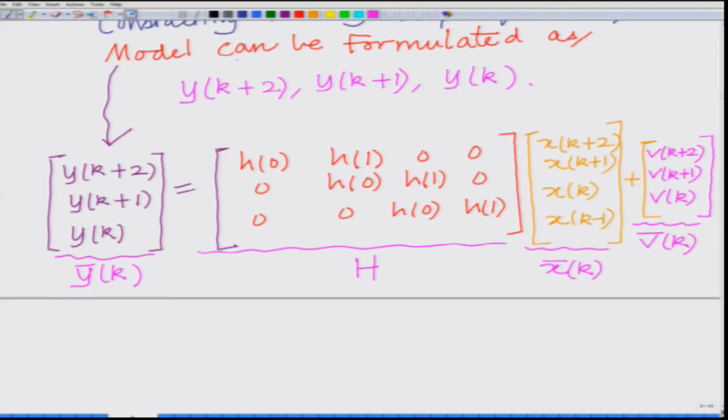This is something that we have already seen. We can stack the three symbols yk plus 2, yk plus 1, yk, and write it as y bar k equals the matrix H times x bar k plus v bar k, where x bar k is the vector of transmitted symbols xk plus 2, xk plus 1, xk, xk minus 1, and v bar k is the noise vector.